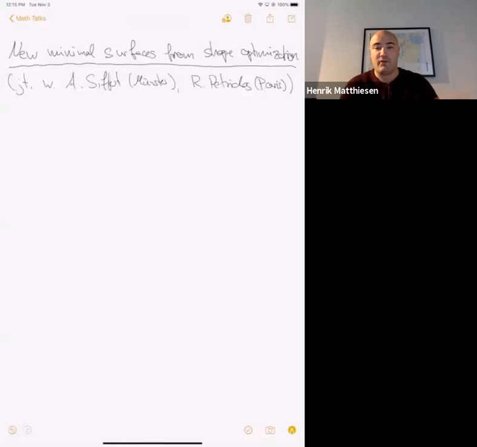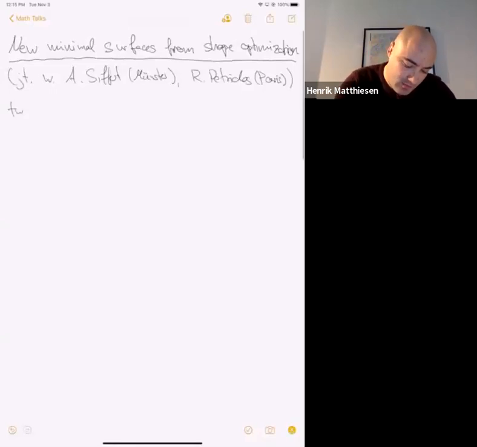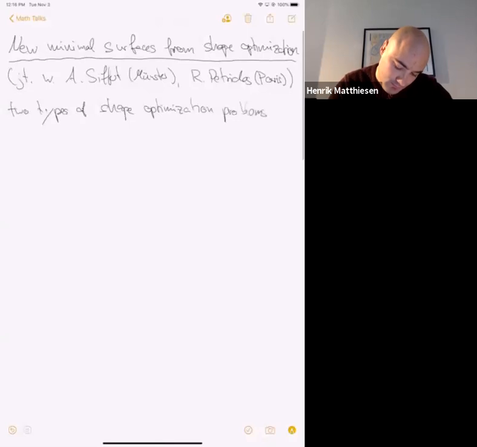Okay, so I want to talk about two types of shape optimization problems. The first one is basically the eigenvalues of the Laplacian on a closed surface.